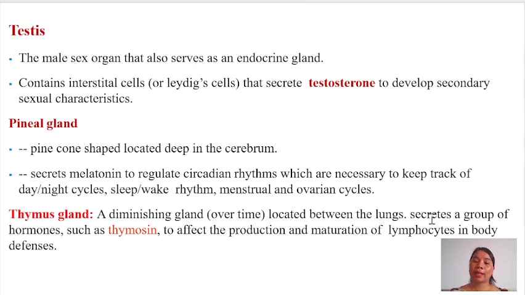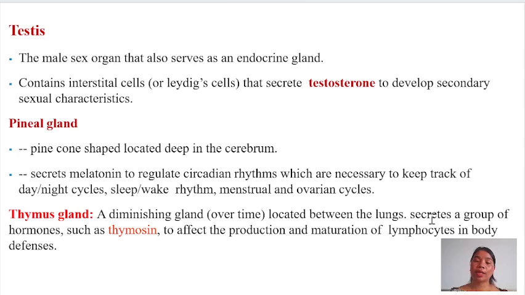The next gland is the thymus gland. The thymus gland is a diminishing gland located between the lungs and secretes a group of hormones called thymosin. The function of thymosin is the production and maturation of lymphocytes in the body defense.